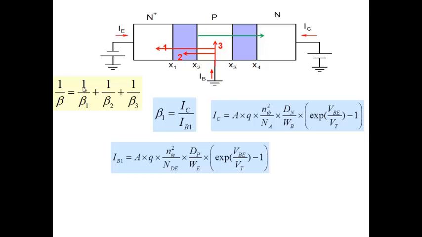We had shown that this component here, which is due to injection of holes, is area Q, of course, minority carrier density here, Ni square over NdE. It's a diffusive current. So diffusion constant of holes divided by the distance over which the diffusion takes place here, which is emitter thickness here, and exponent VB by VT minus 1 here.